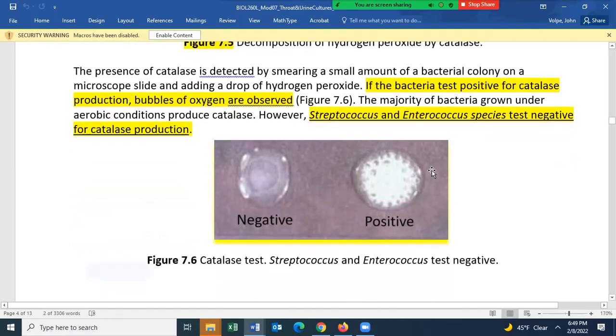So now we know that it is beta hemolysis on blood agar and catalase negative, but that only says that it's a Streptococcus species or an Enterococcus species.